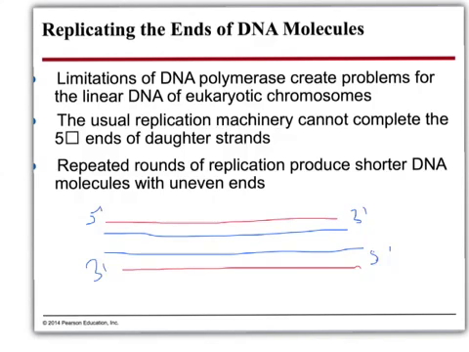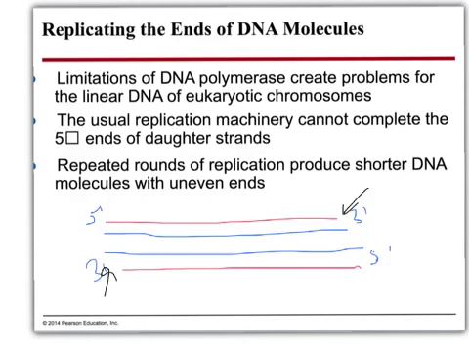So eukaryotic cells have developed a way to counteract that. The ends of chromosomes are called telomeres. Telomeres are extended, or the piece of DNA that's been replicated, that's a little shorter, has to be extended.